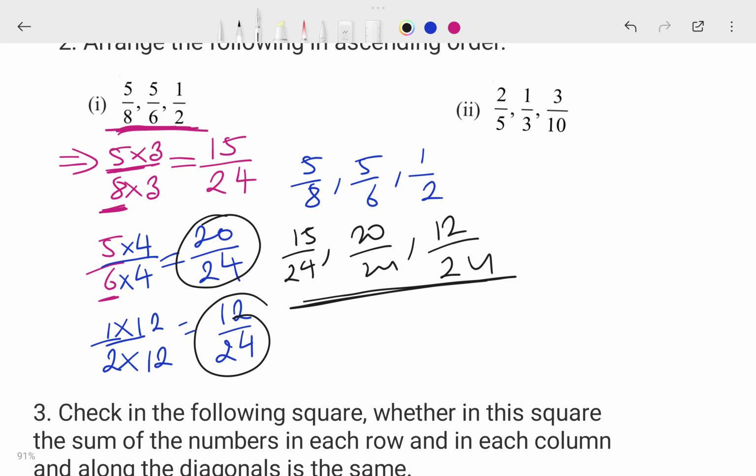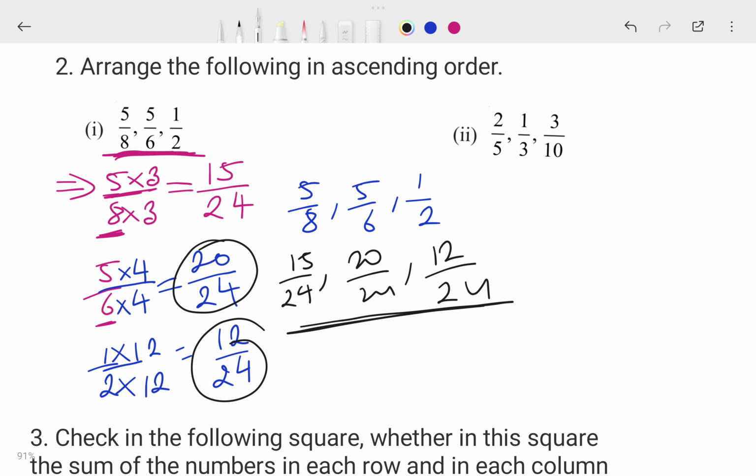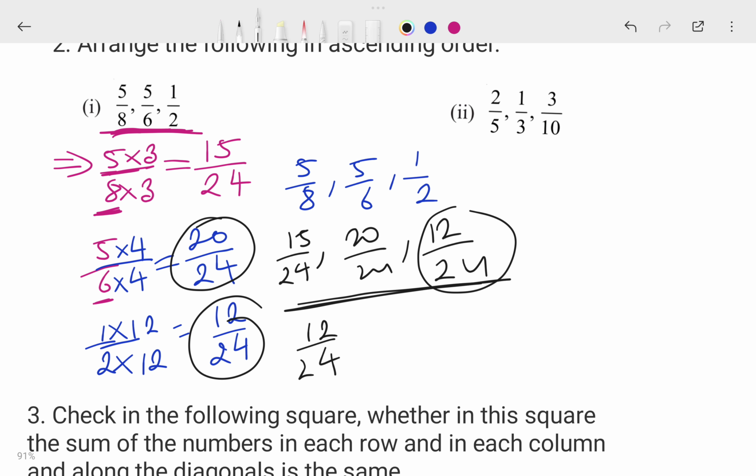Now we can arrange these into ascending order. So how will you arrange? First we will write the smallest one, 12 by 24. It means we are writing 1 by 2 first. Second, 15 is there, so it is 5 by 8, so we write 5 by 8.